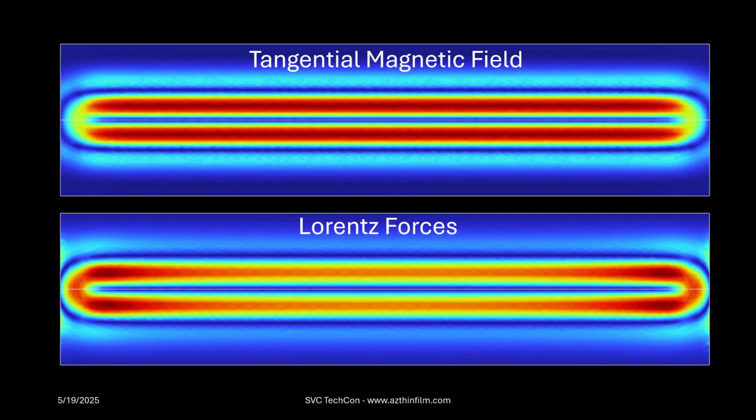If we compare that to the magnetic field strength, the magnetic field had that perfect uniformity along the straightaways all the way up until just about the turnarounds, and the Lorentz forces have kind of the opposite. The turnarounds are a little bit stronger, and the center straightaways are a little bit weaker.